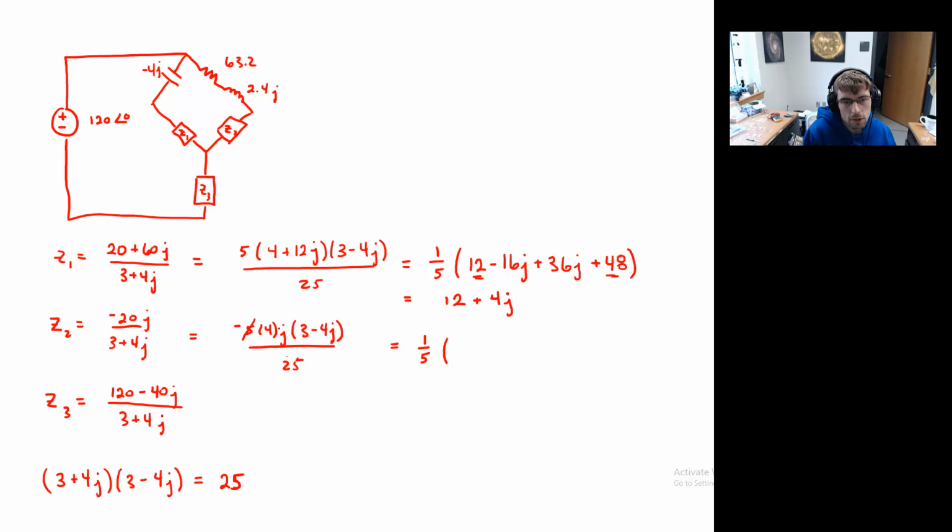So I get the 12j. So I get 16, minus, negative 16, because I have that negative sign out front. So negative 16 minus 12j. And we'll just write that as negative 3.2 minus 2.4j.